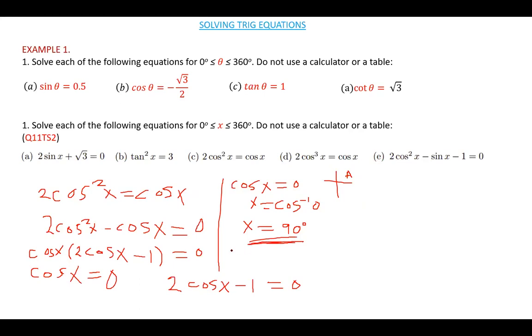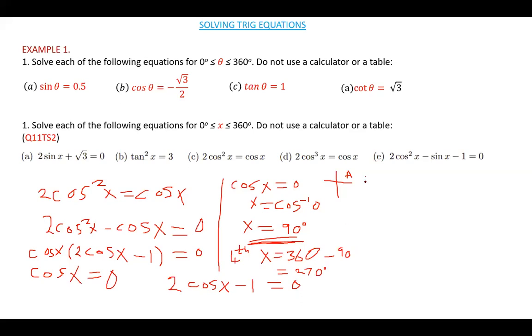And then in the fourth quadrant, your x is going to be equal to 360 degrees minus 90, which gives you 270. So your other answer that you're going to have is 270 degrees.